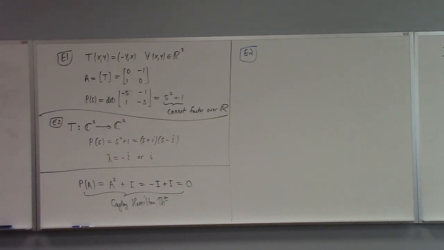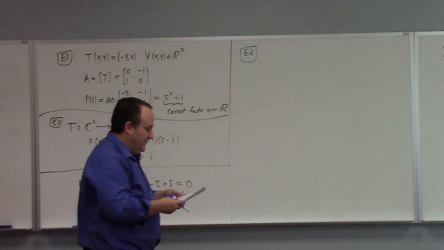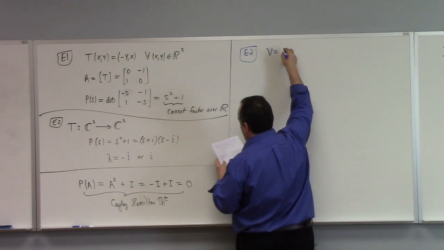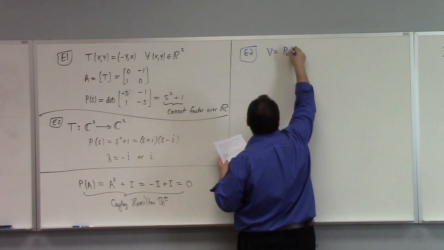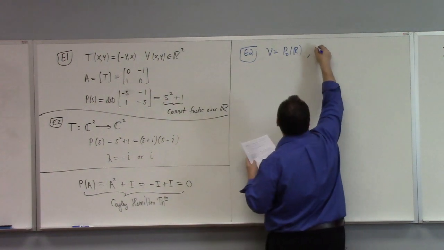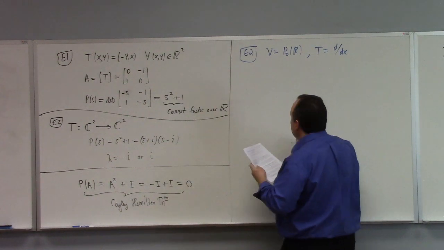So that's one way a transformation or a matrix could fail to be diagonalizable. You just don't have eigenvalues in your field. The characteristic equation can't be solved over your field. That's one thing that can happen. Another thing that could happen is, for instance, if we look at the set of quadratic polynomials, and we look at, this is one of my favorite examples, differentiation, right?